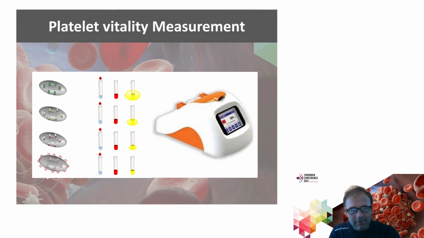The same mix contains a reaction mixture to detect granule release. If you have granule release, you get light. And the more light you have, the more vital the platelets are, because the granules are more filled with granule content. So this is a method in which the light intensity corresponds with the vitality of the platelets.